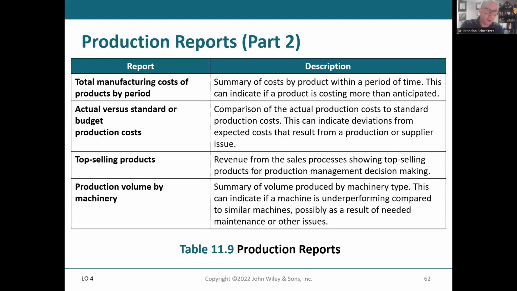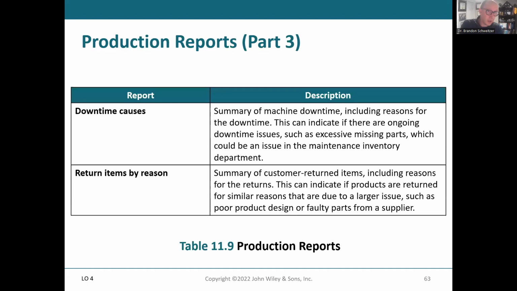We also have total manufacturing costs by period, actual versus standard, also known as cost variance, for budget and production costs, top selling products, production volume by machinery, downtime, and return items by reason. So those are the types of reports that can be generated with your accounting information system based off of the data that goes in.